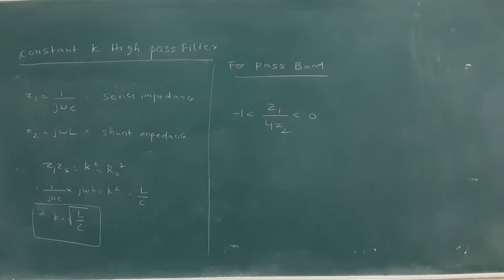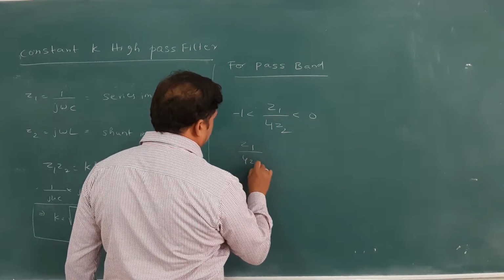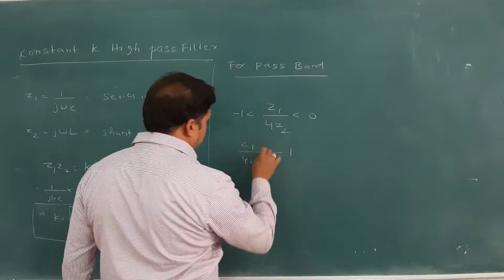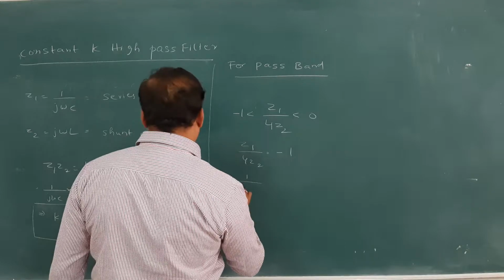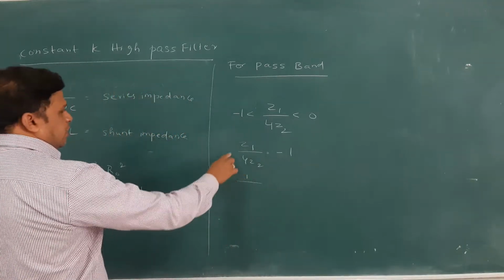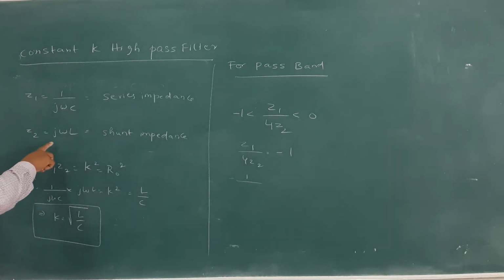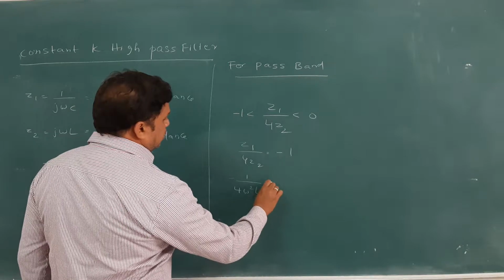If we take here Z1 by 4 Z2 equal to minus 1, let us assume Z1 by 4 Z2 is equal to minus 1. Then Z1 by 4 Z2, already we have calculated, is minus 1 by 4 omega square LC, with Z1 equal to 1 by j omega C and Z2 equal to j omega L. So minus 1 by 4 omega square LC is equal to minus 1.